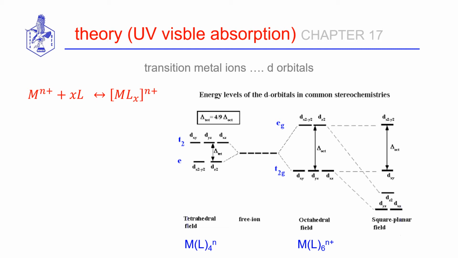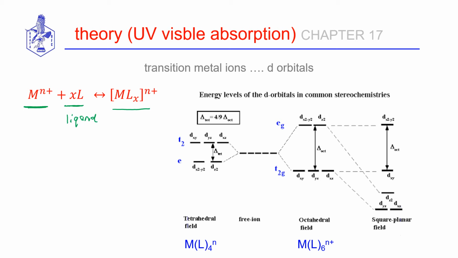Another application of UV visible absorption spectroscopy is for the identification of transition metals. Remember, transition metal ions tend to have empty d orbitals, and so we're going to exploit the excitation of electrons within the d orbitals. So in general, if you have some metal ion and it gets complexed by a ligand, and you form a complex such as the one here, okay, you're going to be perturbing the d orbital energies of the metal ion.